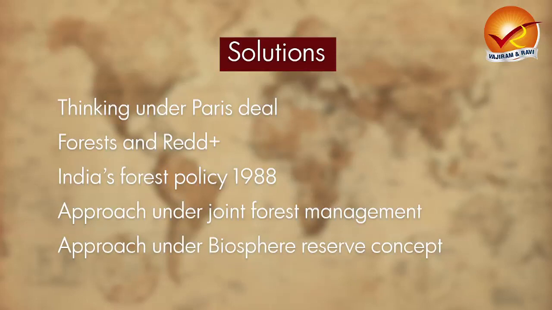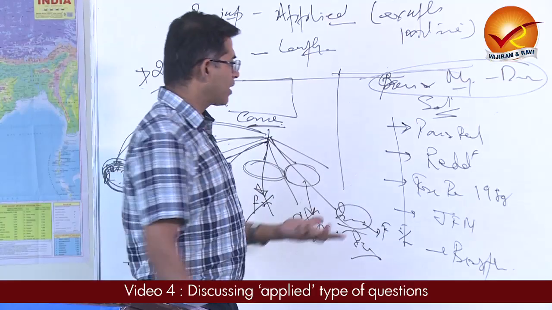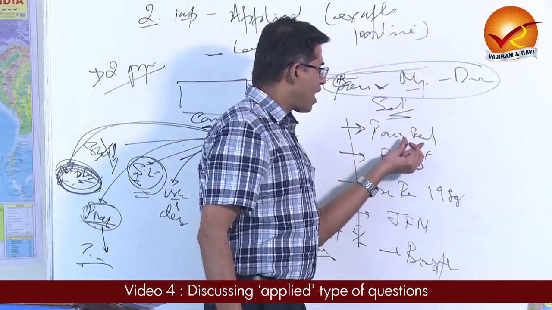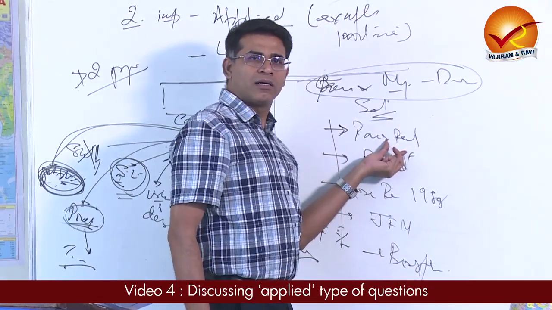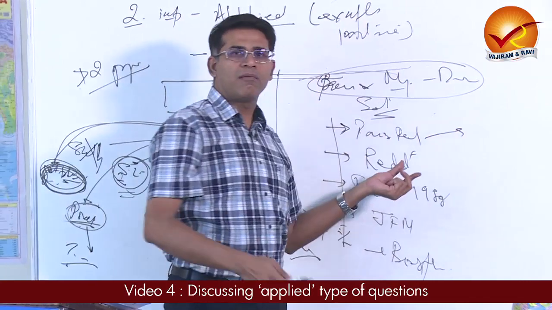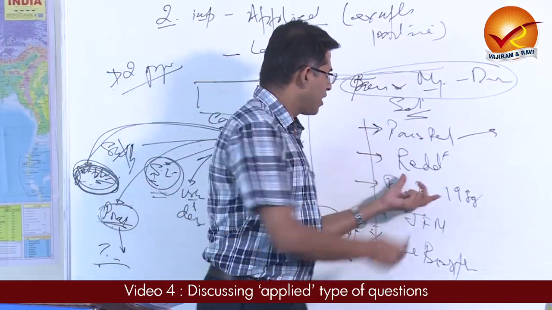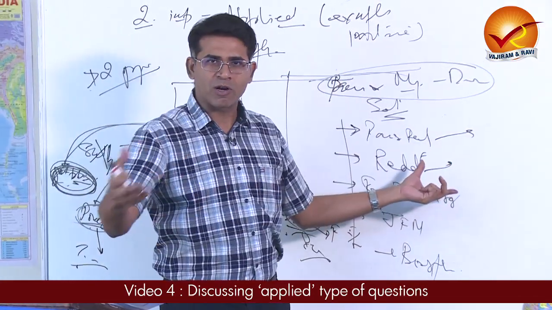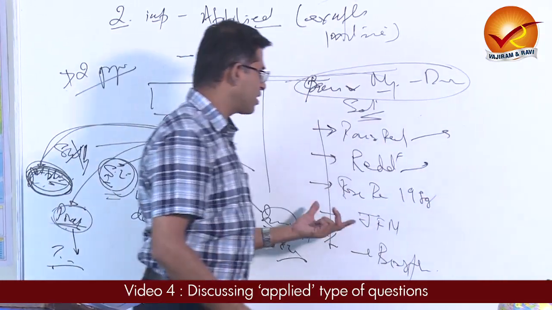So rather than just listing the term afforestation, you discuss it through 2 or 3 important programs which have been run. And then tell us how the Paris deal talks about emission offset, and REDD talks about emission offset and compensatory forestry.